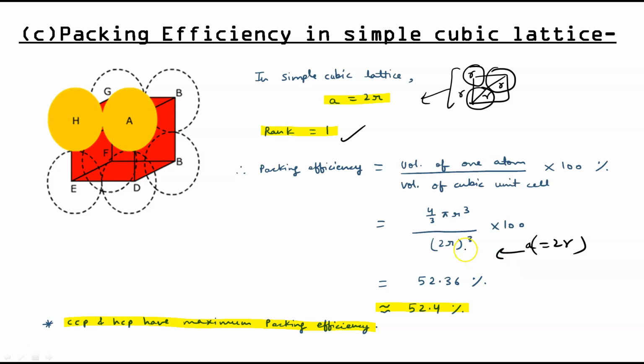So it is put here 2R whole cube into 100, that comes out to 52.36. By rounding off we get 52.4%. This is much less than the previous BCC lattice packing efficiency. Now we can say that CCP and HCP have maximum packing efficiency as compared to BCC and simple cubic lattice.